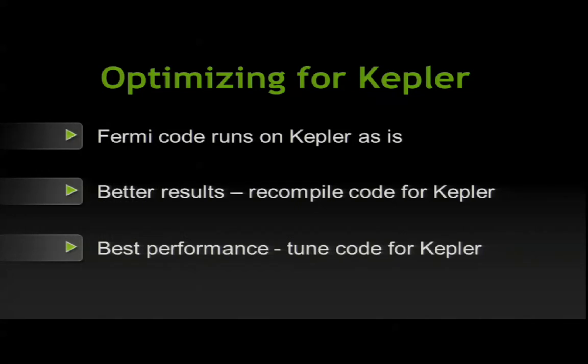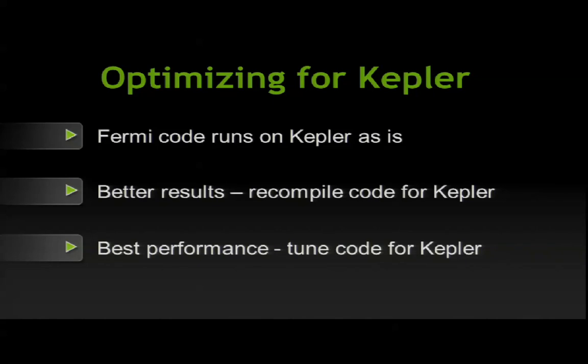Now, if you have a Fermi code, what do you need to do? In theory, as long as you embed the so-called PTX code in your GPU code, it will just run on Kepler. So there's nothing you need to do. In order to get somewhat better results, you certainly want to recompile.